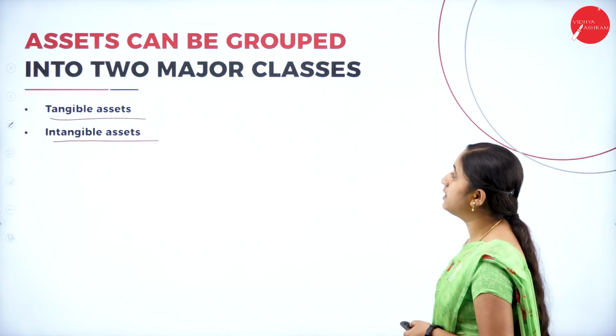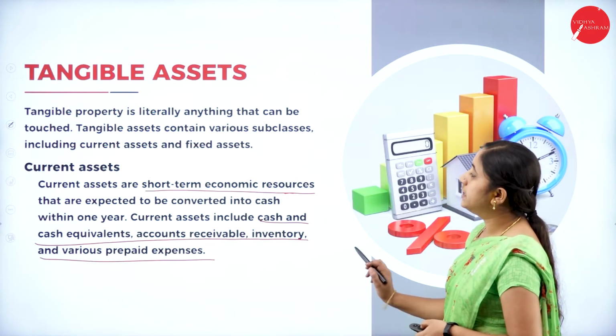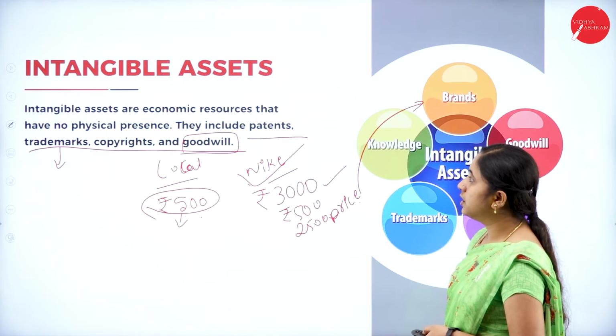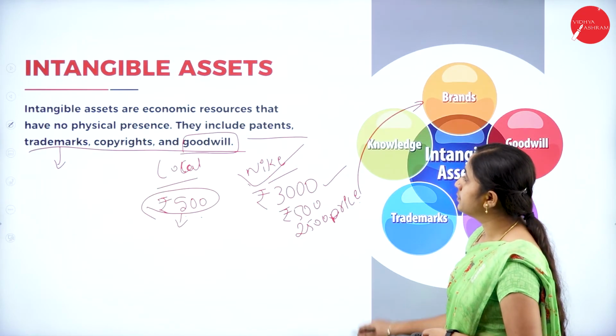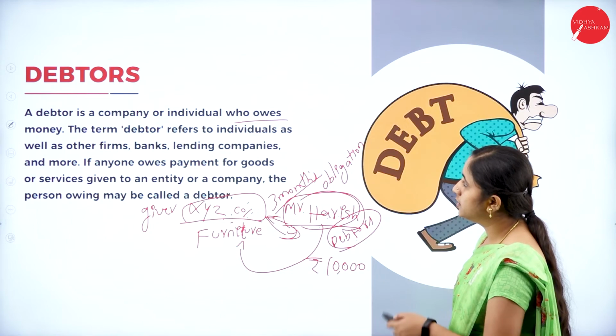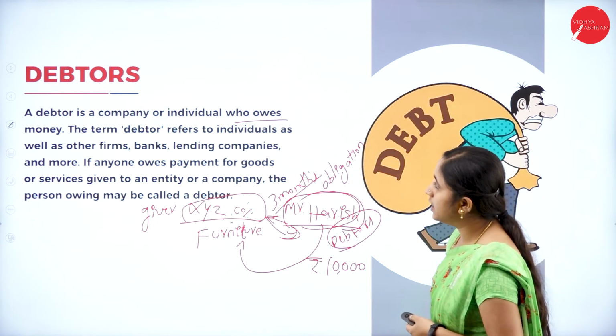This is all about assets. Under assets you have tangible and intangible. Under tangible, current and fixed assets, and under intangible, goodwill, patent, trademark and copyright. Next, debtors and creditors.